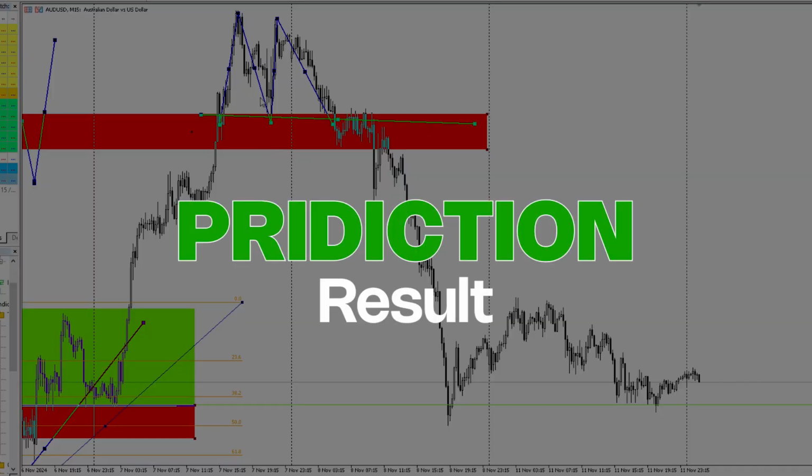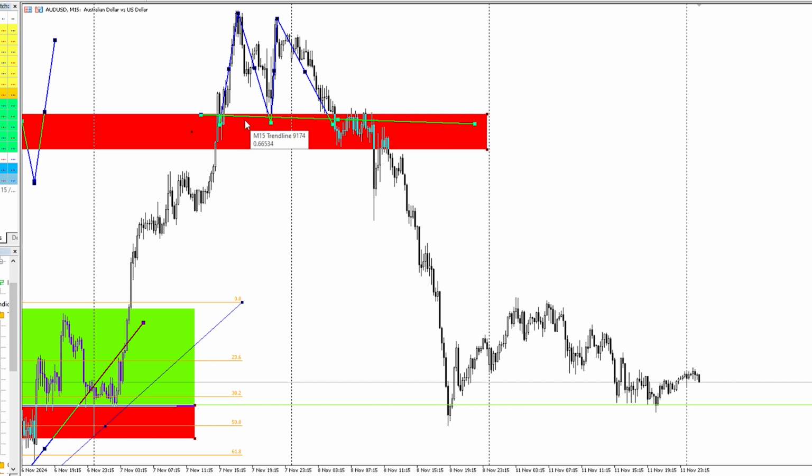Just a quick update, all right, just to show you guys the prediction that we did on the market when we saw these two double tops. All right, so lo and behold, the market went down just as we forecasted.